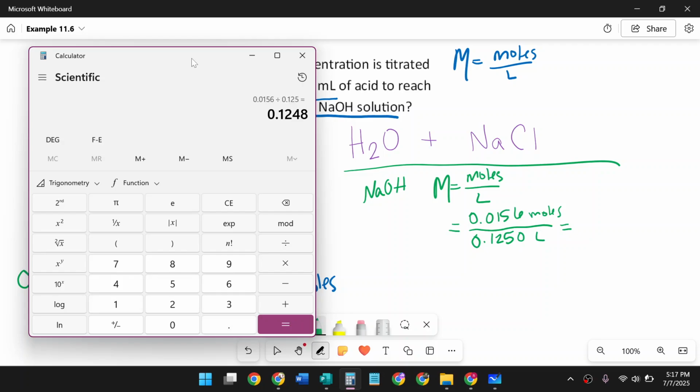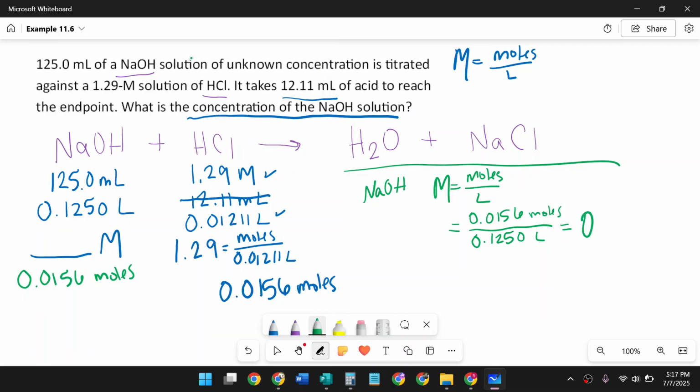All right, so we have 3 significant digits in the top and 4 in the bottom, so we only get to keep 3, so it's going to round to 0.125. 0.125. We can just put an M for molarity. So that is the concentration, that's the answer we were looking for. That's the concentration of the NaOH solution.